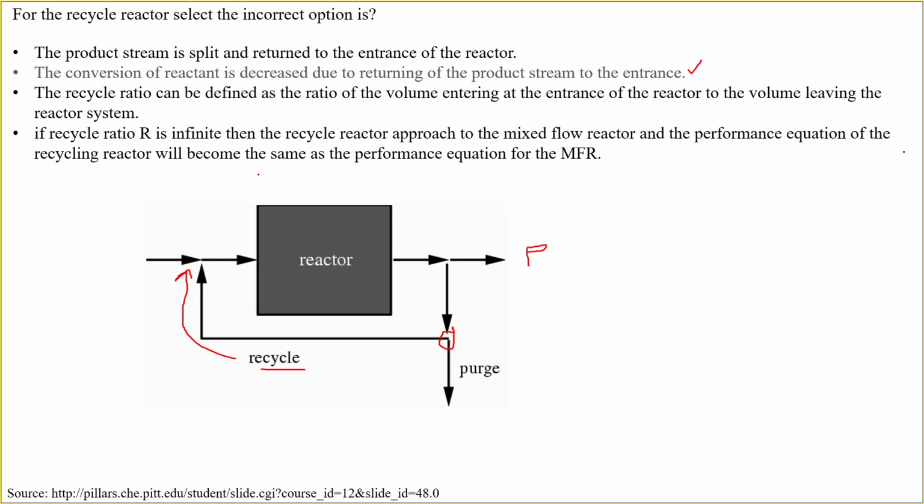All of it is being circulated back inside the reactor, which means the reactants just spin around in this loop, so they are effectively getting well mixed. That is nothing but your mixed flow reactor. So yes, if the recycle ratio is infinite, the recycle reactor will approach the mixed flow reactor, and its performance equation will become the same as that of the MFR.